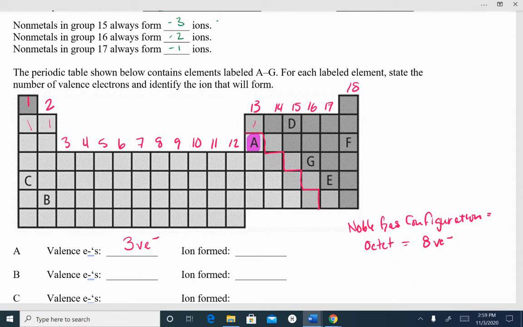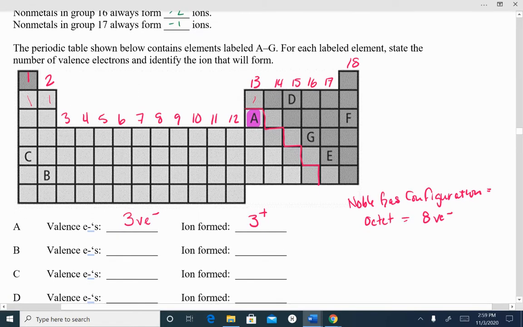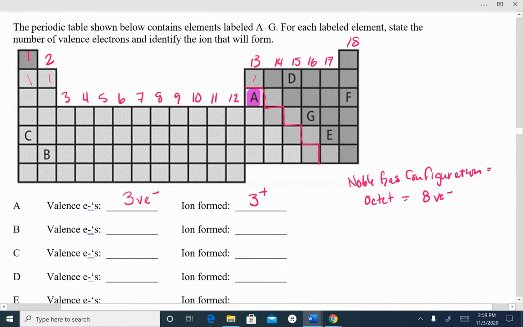Okay, so I think it's easier to lose 3 than to gain 5. So I'm going to form a +3. And if you paid attention, aluminum always does form a +3. So I want you to go look at B, C, D, and E. Give yourself a minute and come back and we'll check.